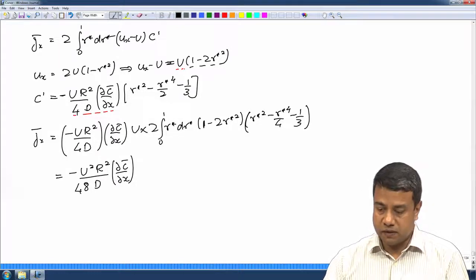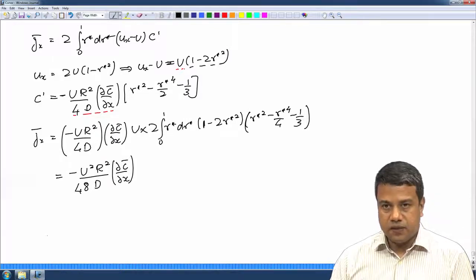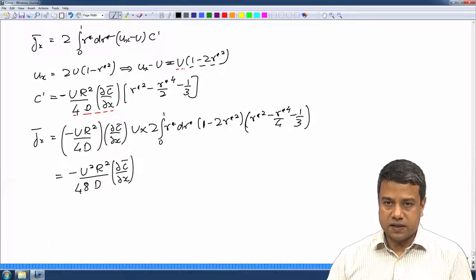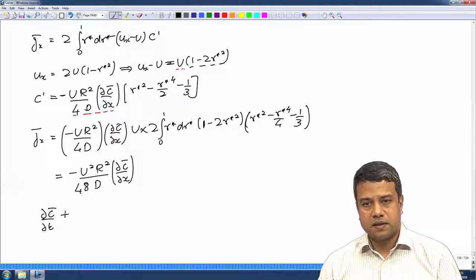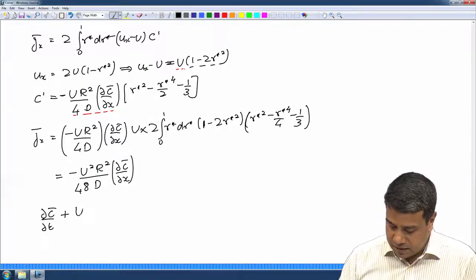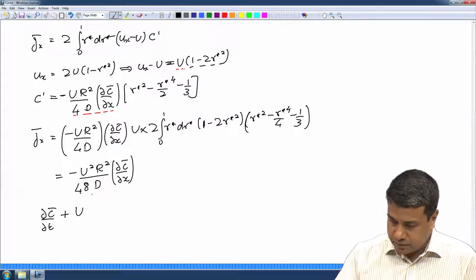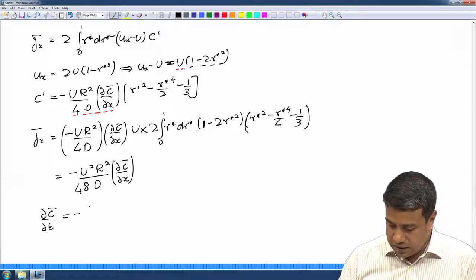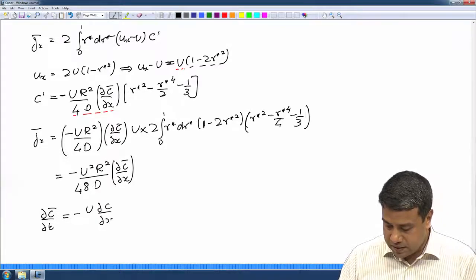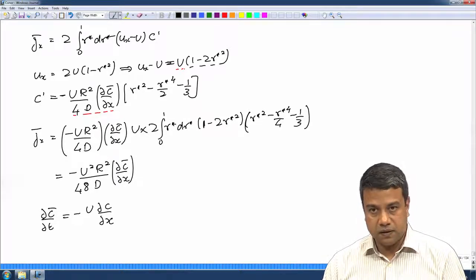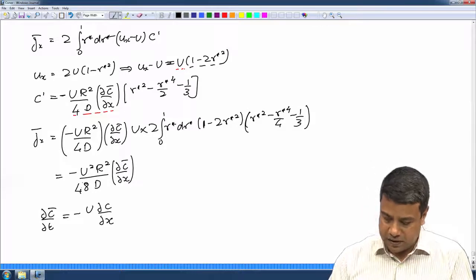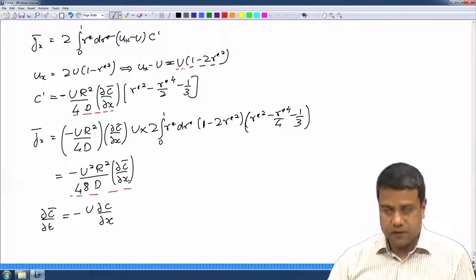So, if I go back to my original equation and do the cross sectional average, I will get of course partial c bar by partial t, plus the average convective flux, is equal to minus u partial c by partial x, that is the convective part, and then there is going to be a dispersive part due to this term here.